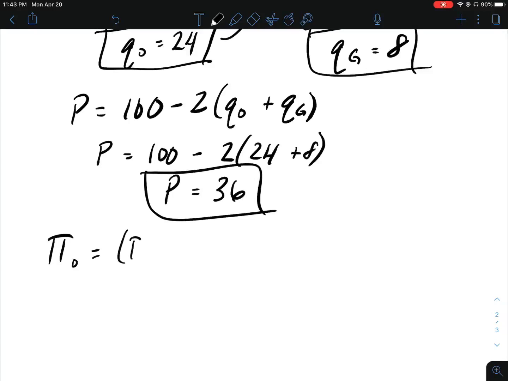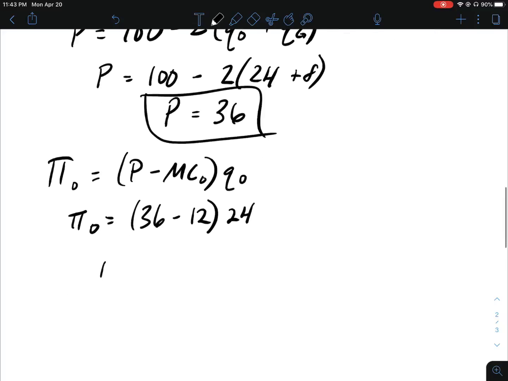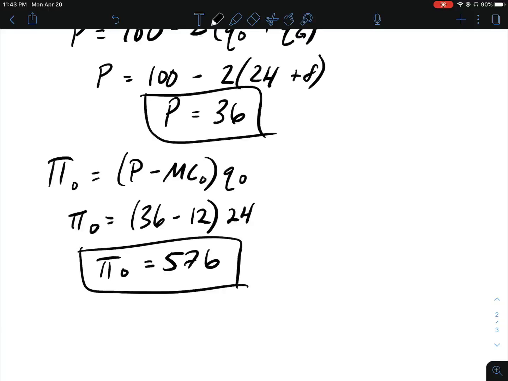Now let's quickly find the profits. The profits are the same. We have price minus the marginal cost of Oil Pro times Oil Pro's quantity. So Oil Pro's profit is 36 minus 12 times 24. And so Oil Pro's profits are 576.